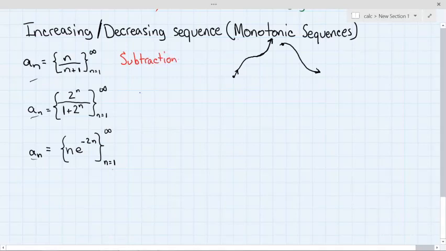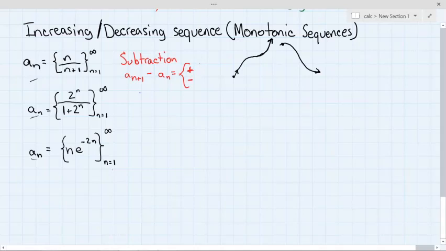And so what you do is you have a sequence, you choose a point, a n plus 1, and you choose a point before that in the sequence, a n, and you subtract them. Depending on the sign of that, if it's positive or negative.